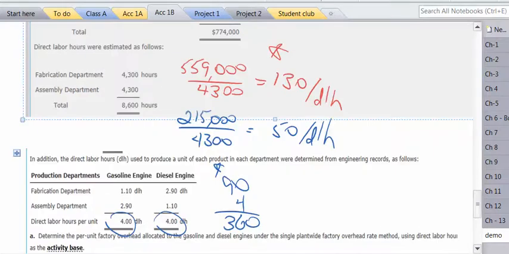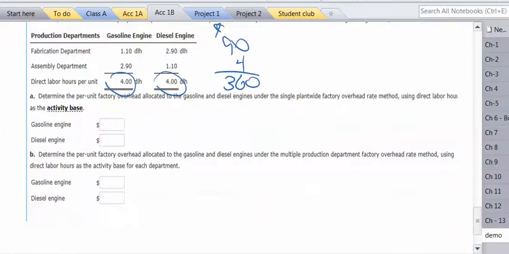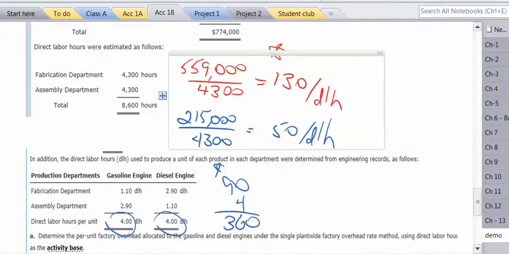Once I have those numbers, I can then multiply based on the hours consumed in each. For the gasoline engine, they consume 1.1 hours in the fabrication department.